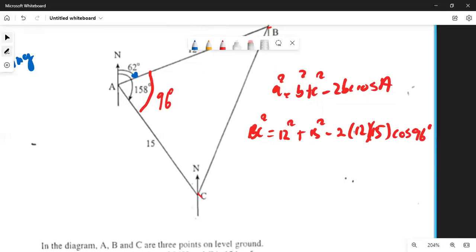So 12 squared, which is 144. And 15 squared, which is going to give us something like what? 225, isn't it? 225. All right, minus 2 times 12 times 15, that's something like 360 cos of 96 degrees.